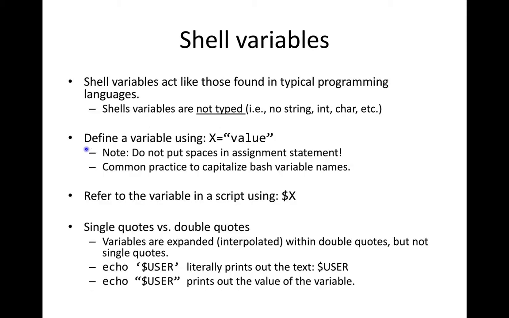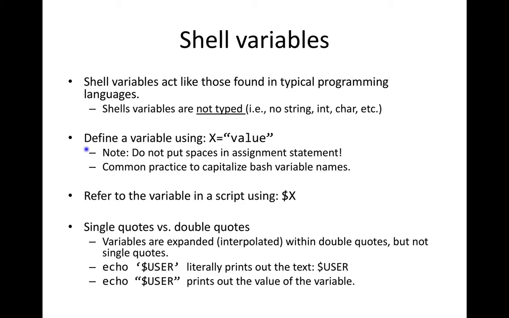Okay. So let's look at some of the features of this shell script in more depth. And we'll start by looking at variables within shell scripts. So shell script variables act like the variables that you find in most any typical programming language, with the exception that shell script variables are not typed.